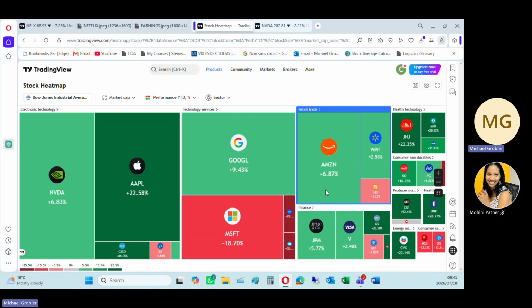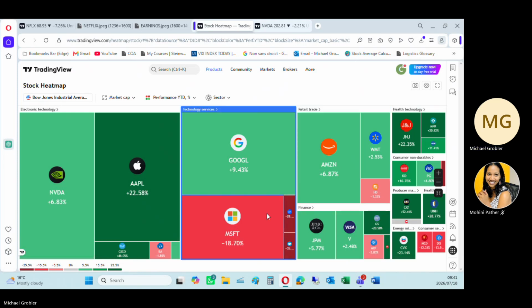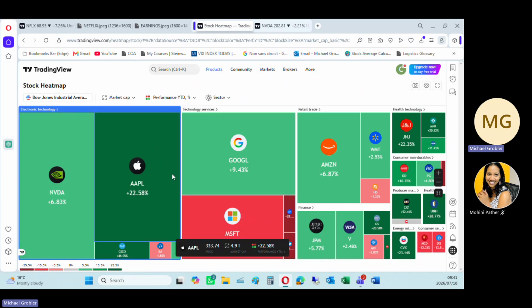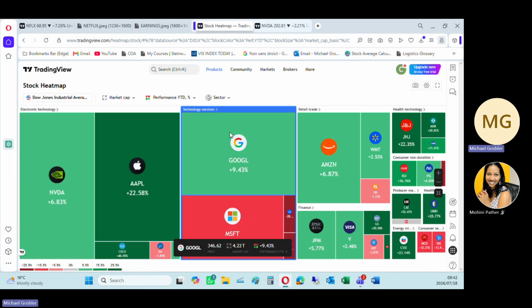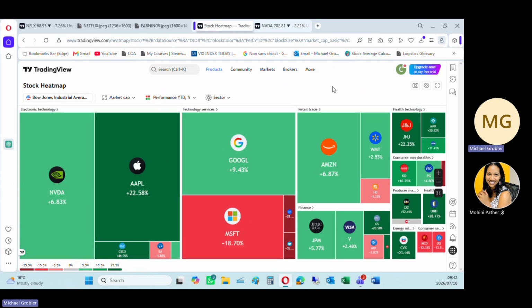Microsoft is going down because they've not been terribly successful with Copilot's integration into their systems. Again, this company was expected to make quite a lot of money out of AI, and it's turned out a bit underwhelmingly. Apple, ironically, is probably the stock that invested the least in AI. They sort of gave up the ghost with their Siri software and never really tried to compete with Gemini or even Grok or OpenAI or Claude.